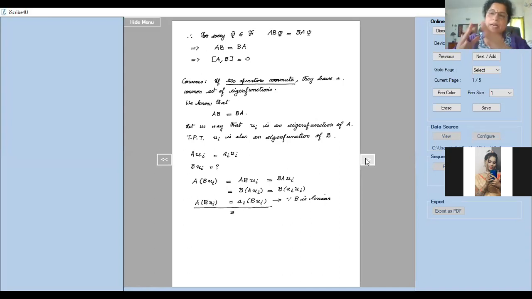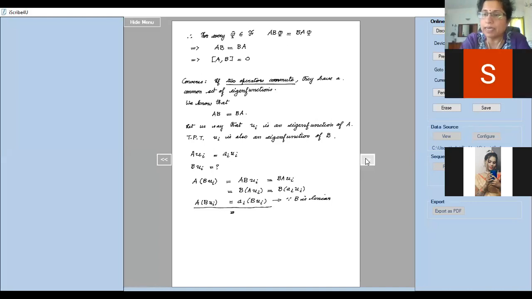That A operating on this quantity B ui is equal to a number. What is that number? ai times B ui. Any problems, please? Any doubts? Any doubts? I thought I heard somebody say something. No, ma'am. Okay, fine, no issues.